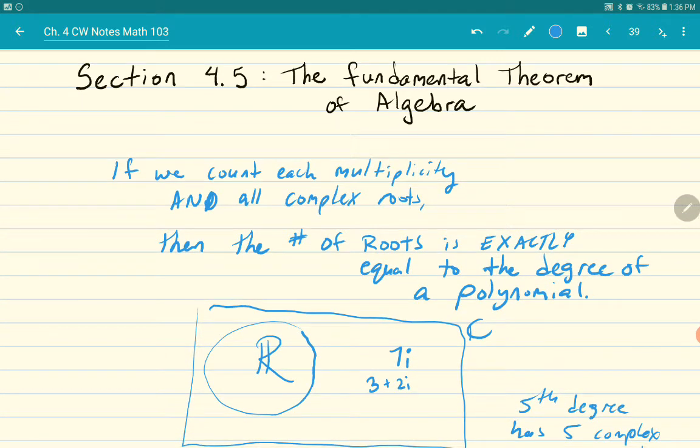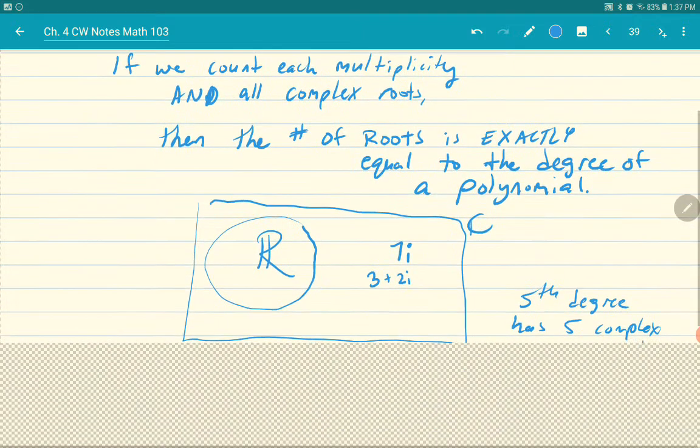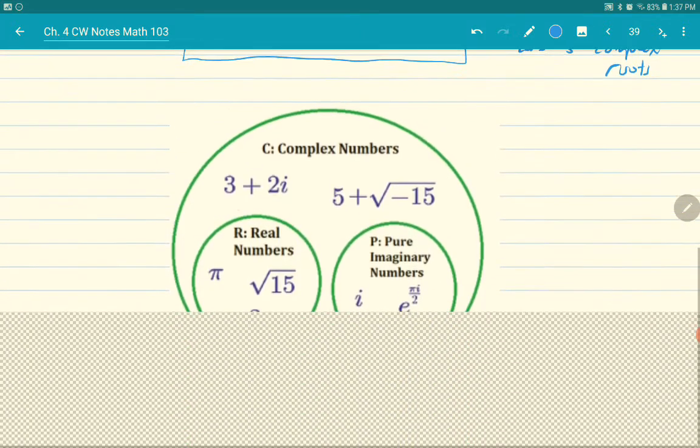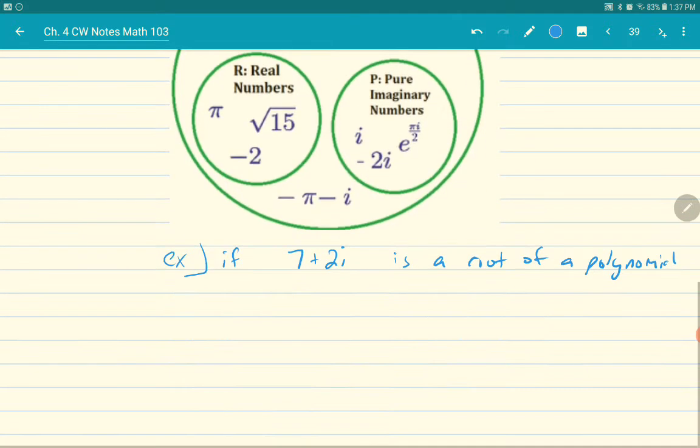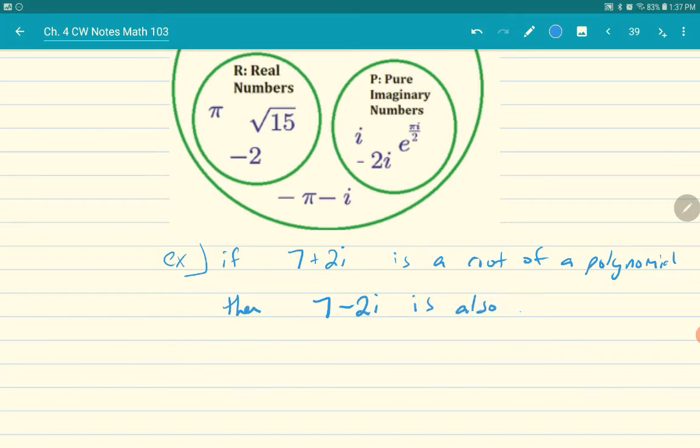All right. The other thing is that when I do have a complex root, I mean a root with an imaginary part, for example, if 7 plus 2i is a root of a polynomial, then its conjugate, which is 7 minus 2i, is also a root.